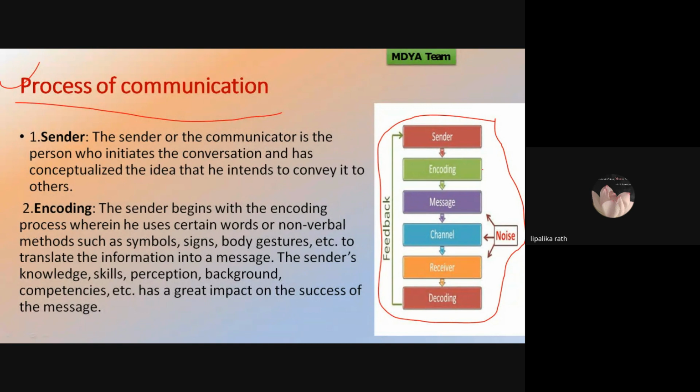Yes. The feedback again goes back to the sender.